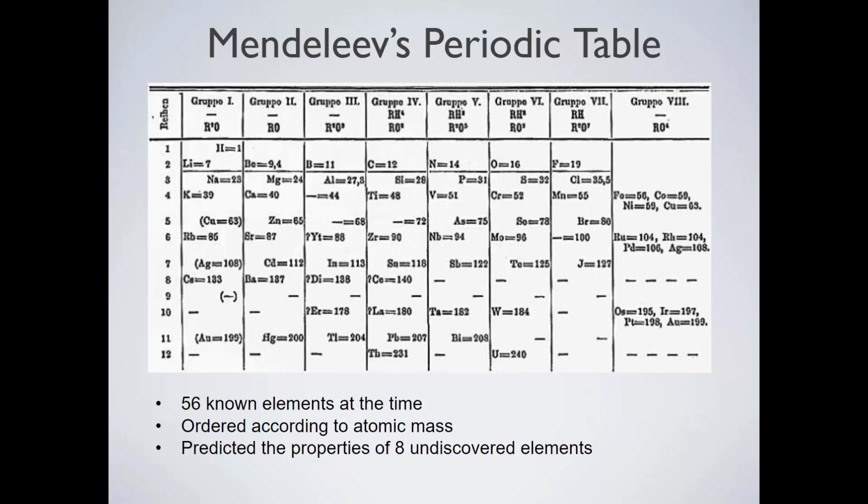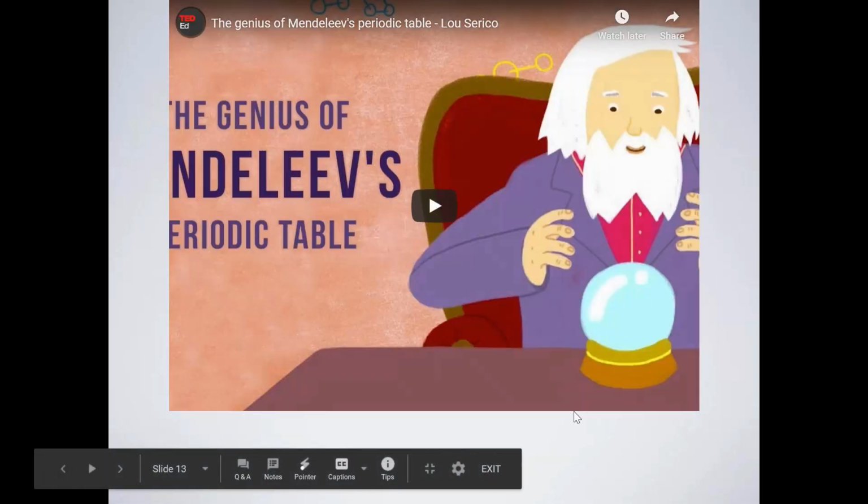It's going to have these properties. And guess what? He was right. We eventually found these elements that were missing, and they agreed very closely with what Mendeleev had predicted just based on creating this periodic table. I have a video about Mendeleev and the periodic table I'll show you later on.